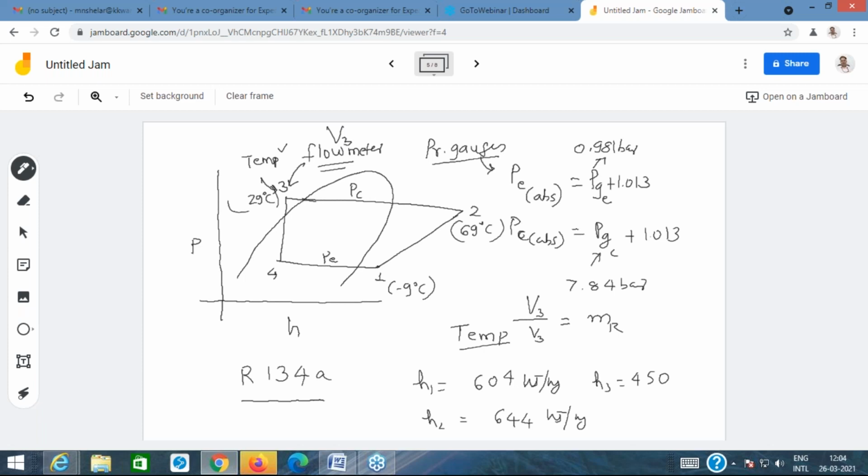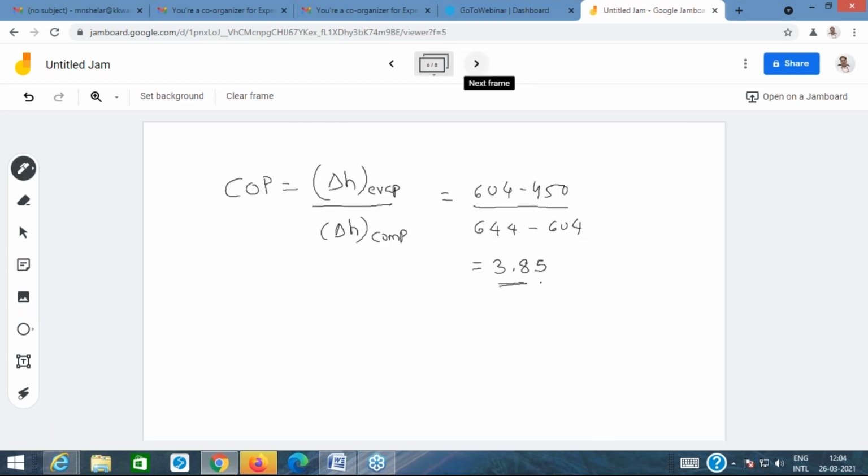Okay, so this was the setup which I had shown you and explained in the video lecture. There we had seen that the setup is very small and the capacity is extremely small. But how do you do the calculations of the capacity?